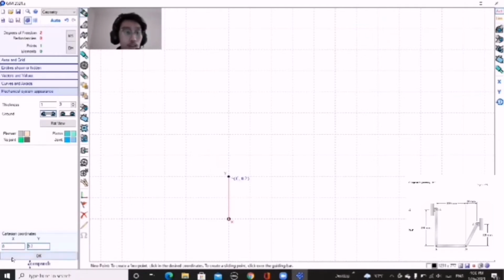So click, and you can see the new point has appeared at the coordinate that we chose. For our third new point, we put x-axis as 0.16 meter, and for the y-axis we put 0. So that's our third new point.